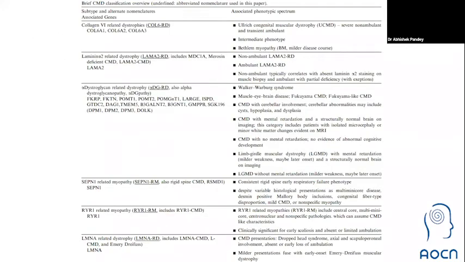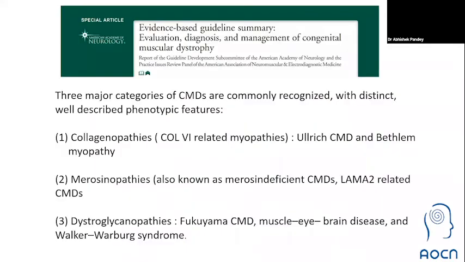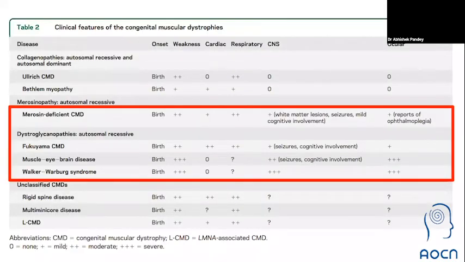This is the paper which we looked into, and there were multiple diseases which can present like this, predominantly the congenital muscular dystrophies. They are predominantly of three types: collagenopathies, merosinopathies, and dystroglycanopathies. And our child probably fitted into the group of dystroglycanopathies, which present since birth.